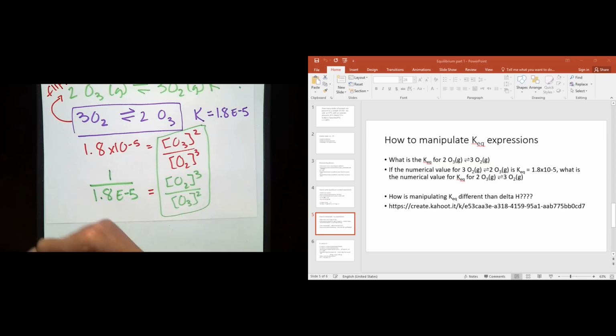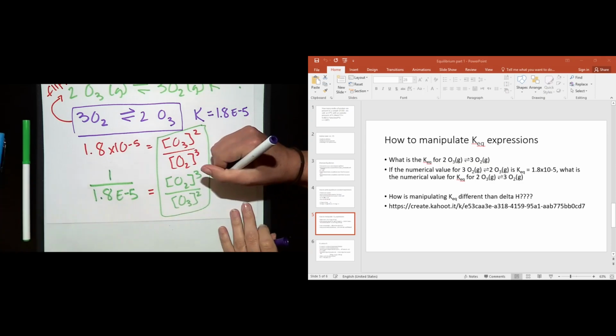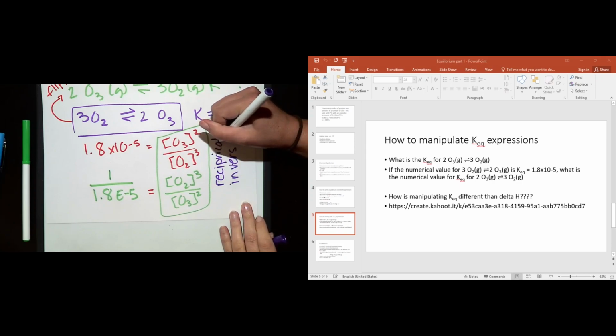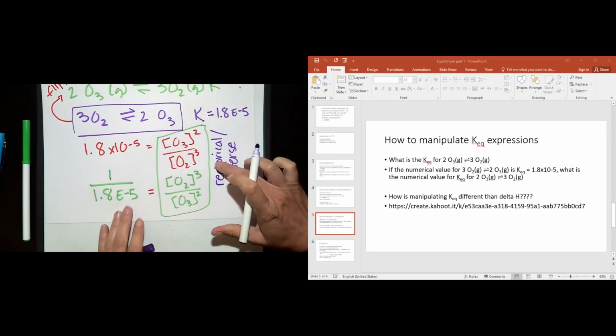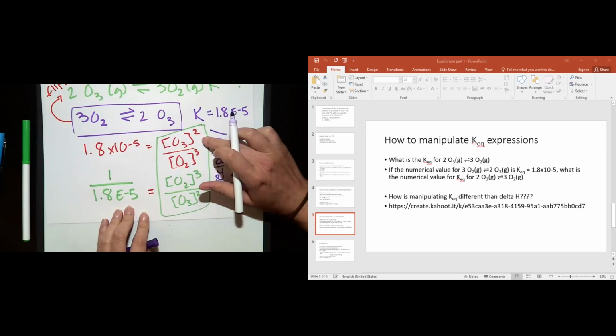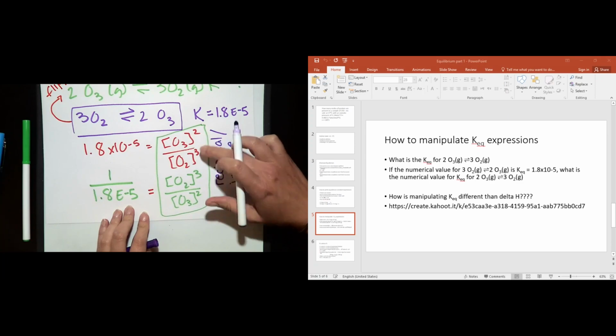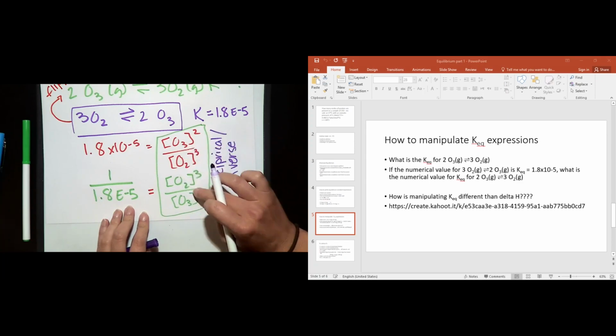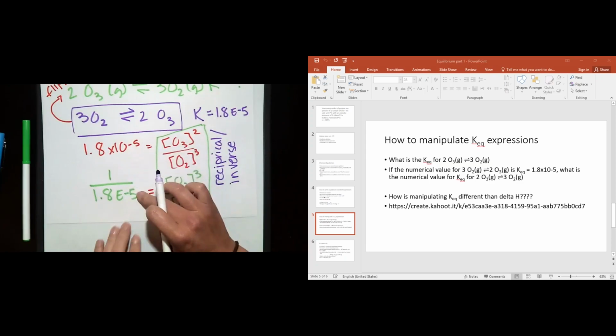Because these are reciprocal or inverse, I think it's an A. So the reciprocal slash inverse, if I compare two equilibrium constant expressions, whatever the difference in those expressions, whatever I do to one to get the other, that's what I do to the K value.